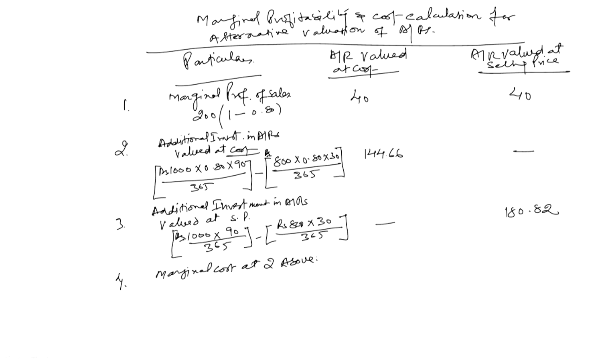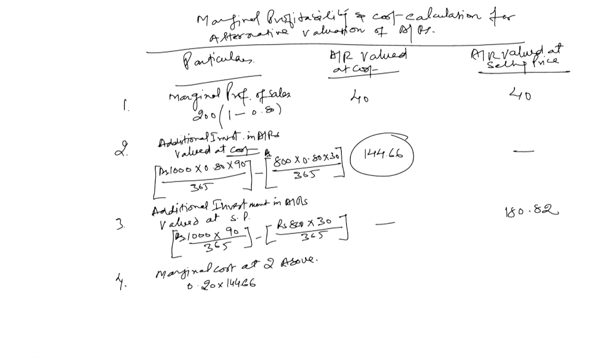How much is the marginal cost? Now, we will have to calculate the marginal cost here. The marginal cost at 2 is going to be how much? First is the cost of investment, and what is the cost of capital? That is 20%. So, 20% is the cost of capital into 144.66. So, we are going to invest this much, cost of capital is 20%.